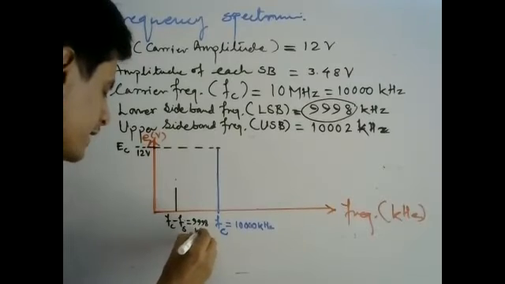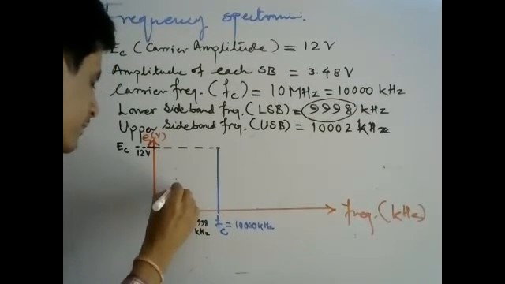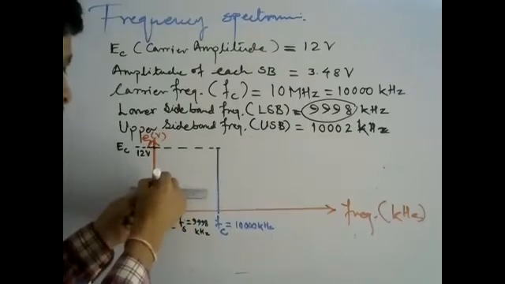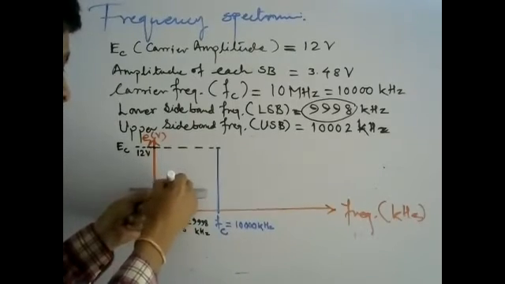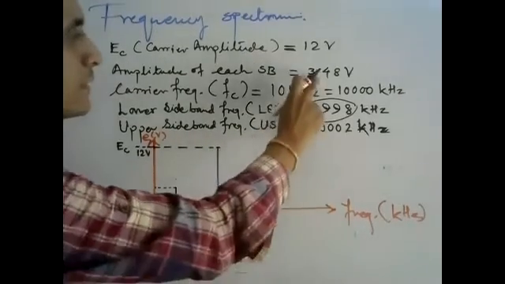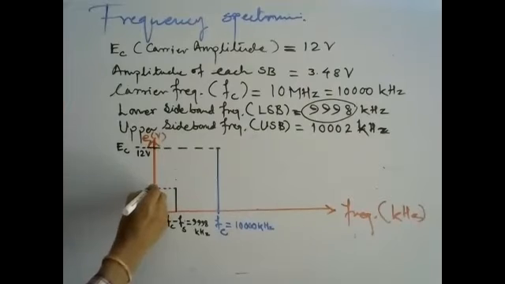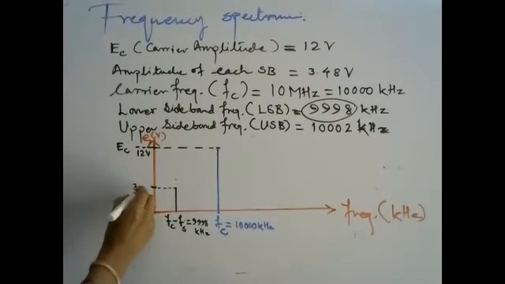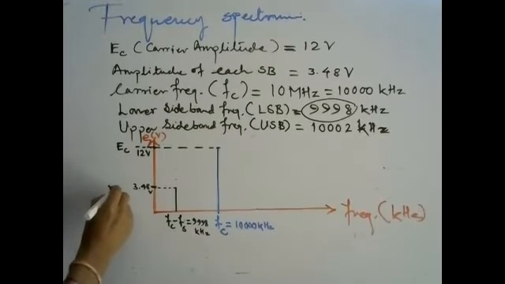Is it correct? The amplitude of this LSB is 3.48 volts, that is m Ec upon 2.